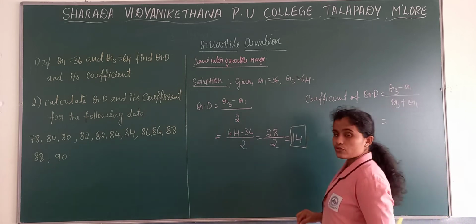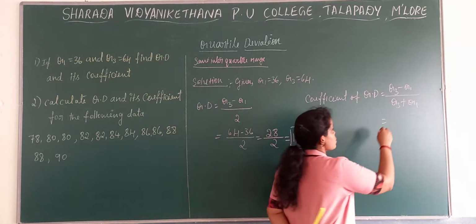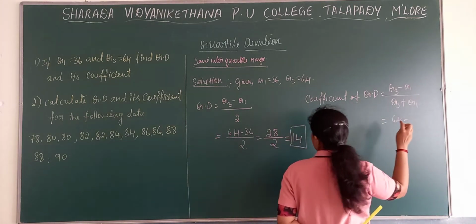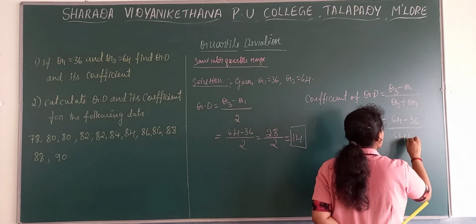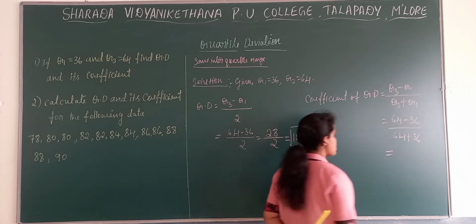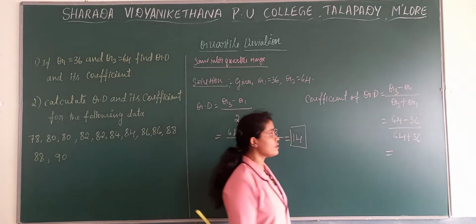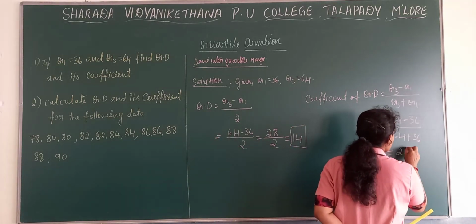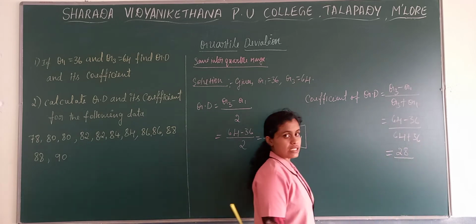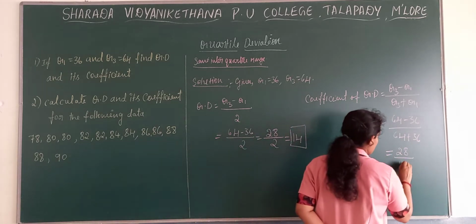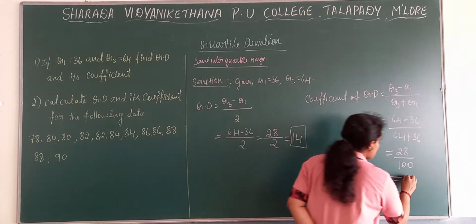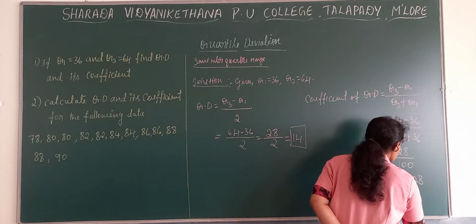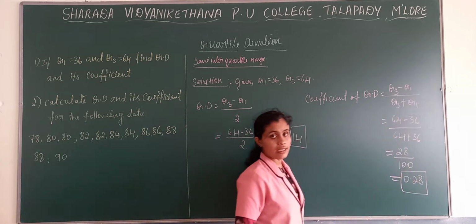Here Q3 is 64, so (64 minus 36) divided by (64 plus 36). 64 minus 36 is 28, divided by 64 plus 36, which is 100. So 28 by 100, we get 0.28. So this is the coefficient of quartile deviation.